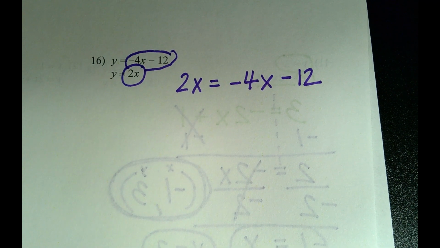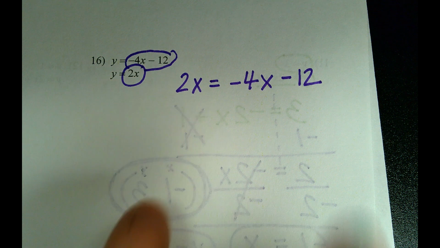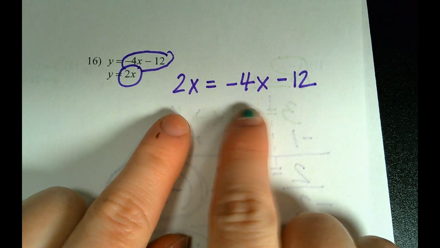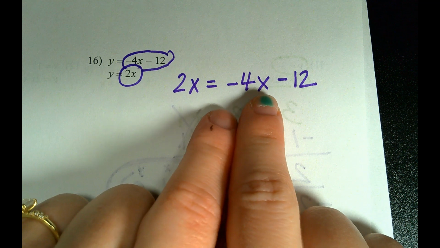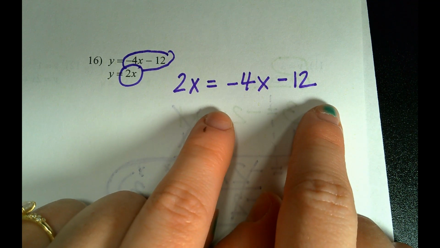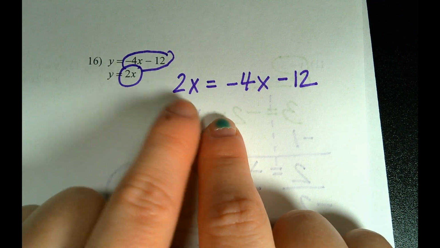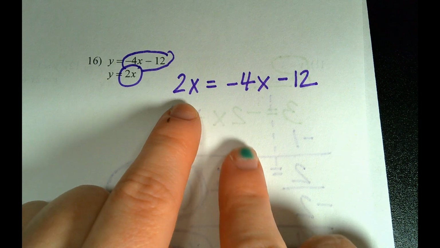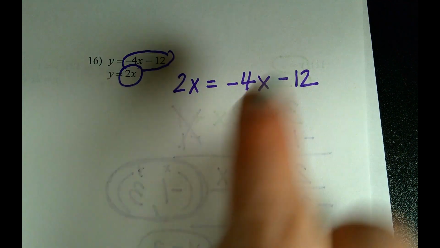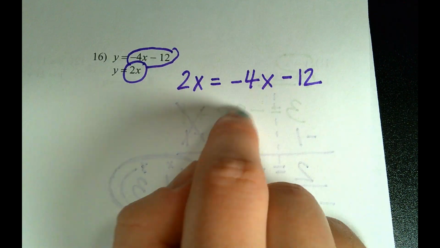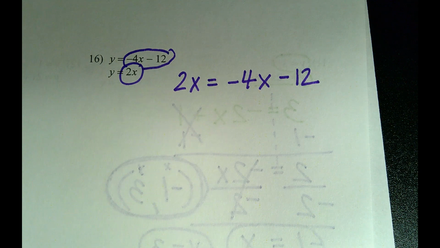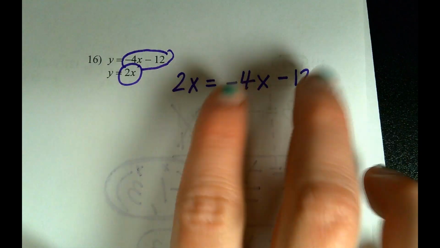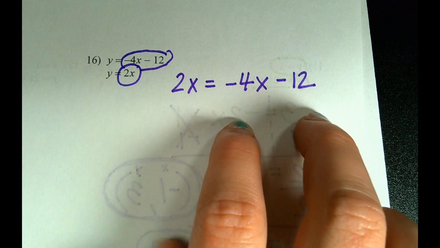Now, I have an equation where on the right side of my equal sign, I have a couple of things going on. I've got negative 4 times x, and I have minus 12. On the left side, all I have is 2 times x. When I see that my right side has a lot more going on that needs to be rearranged and gotten rid of, that's the side I want to start working with first.